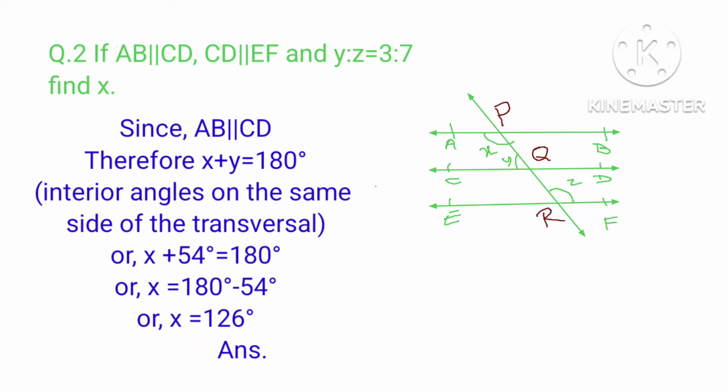Since AB parallel to CD, therefore x plus y is equal to 180 degree, interior angles on the same side of the transversal. Or x plus 54 degree is equal to 180 degree, or x is equal to 180 degree minus 54 degree, or x is equal to 126 degree. Answer.